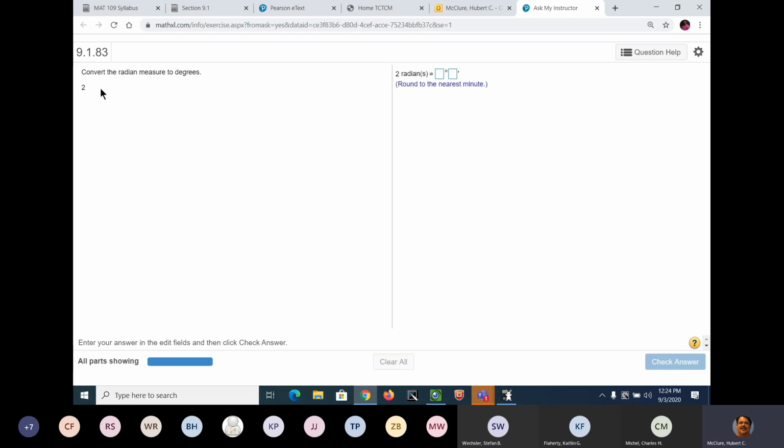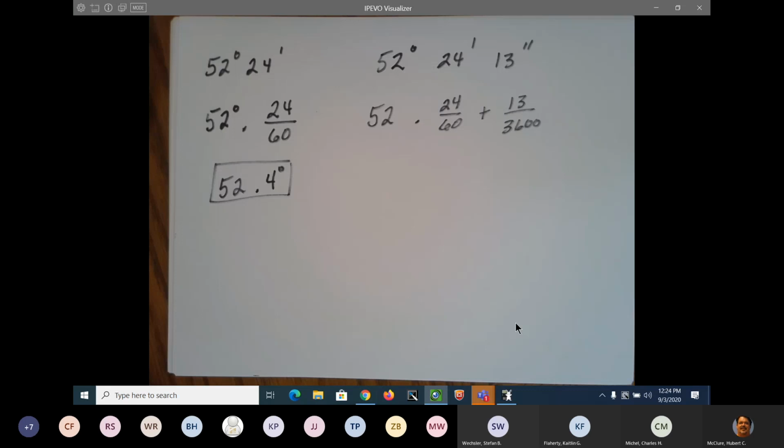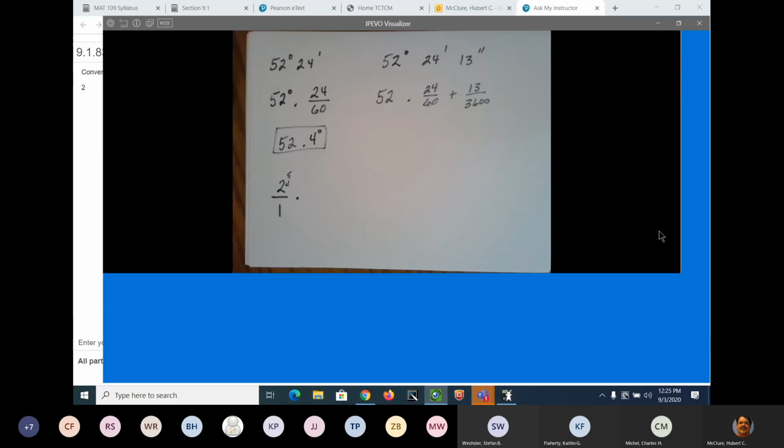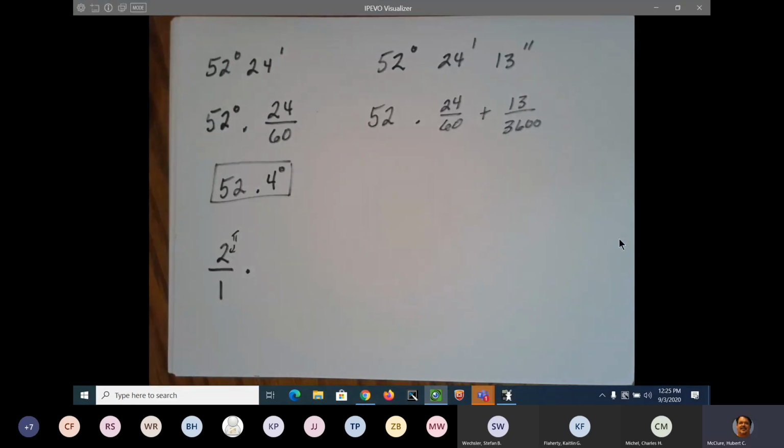So that means I'm going to write 2 over 1 multiplied. Pi is in that 2 calculation. I'm going to put pi in pink.